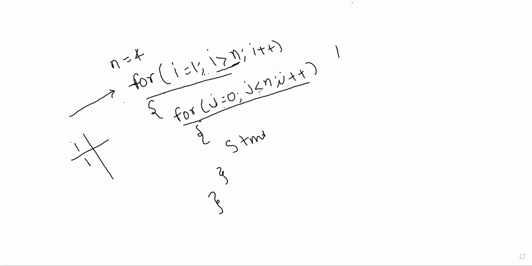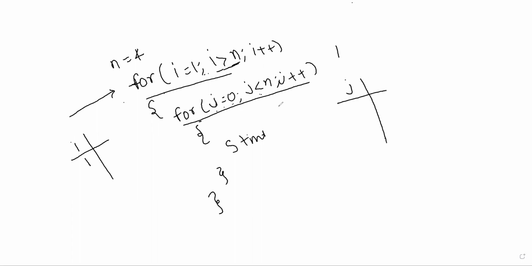So for j equals 0, j less than n, j plus plus, now calculate the j values.